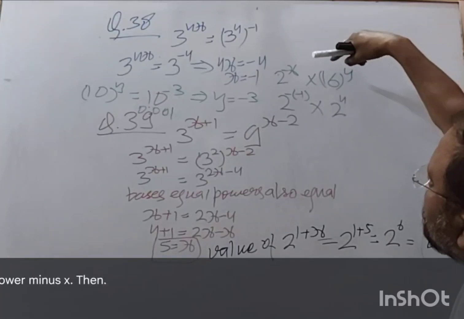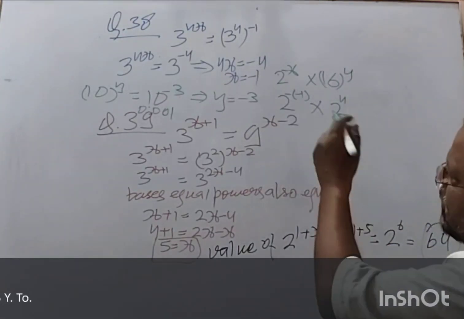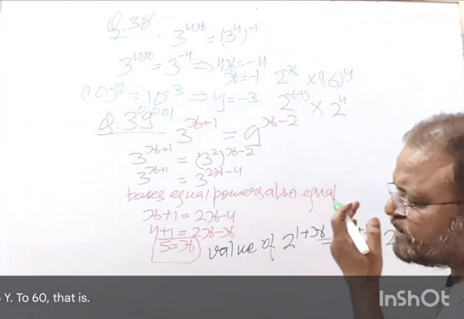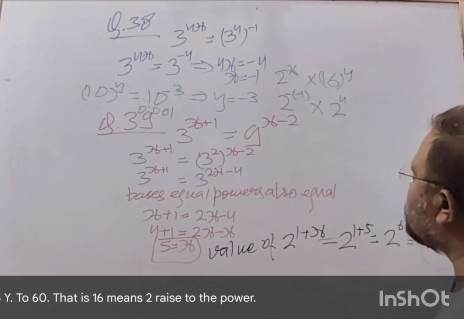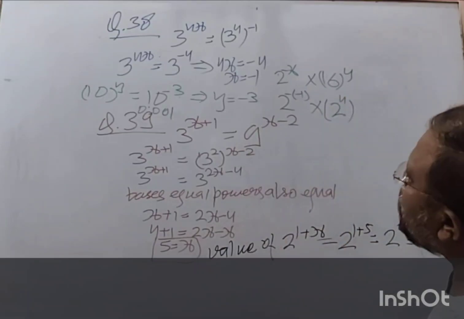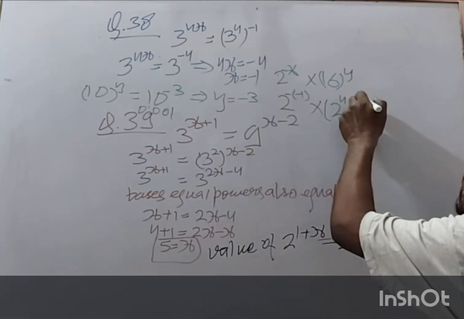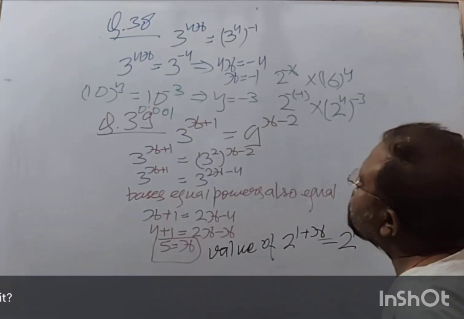Then we have to take 16 to the power y. So 16 means 2 raised to the power 4, into y is -3. Is it?